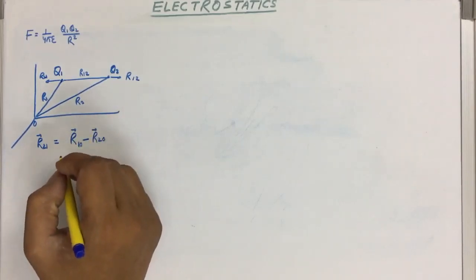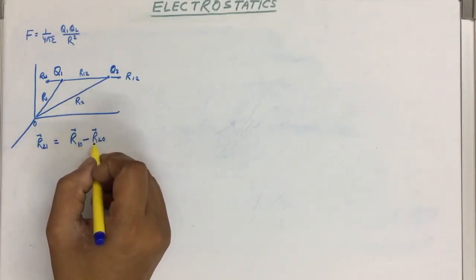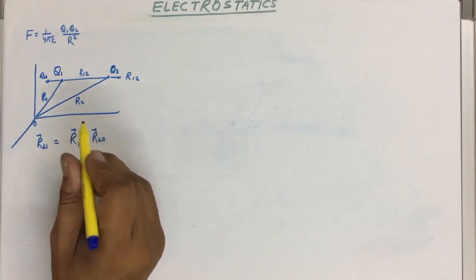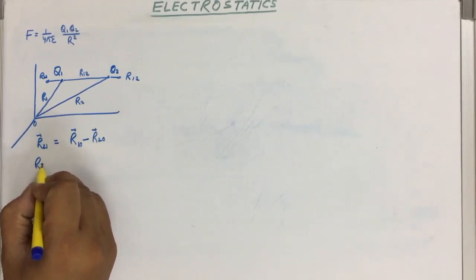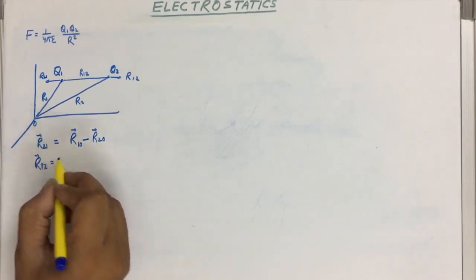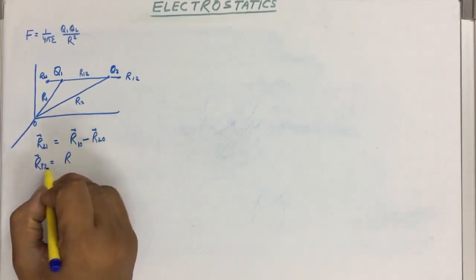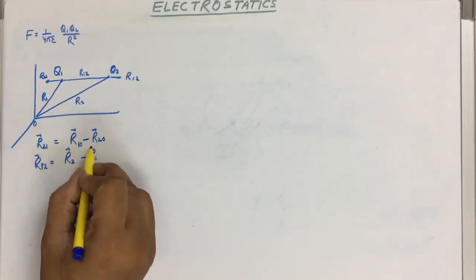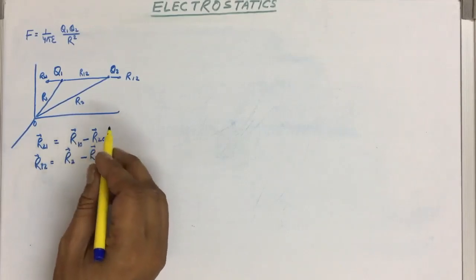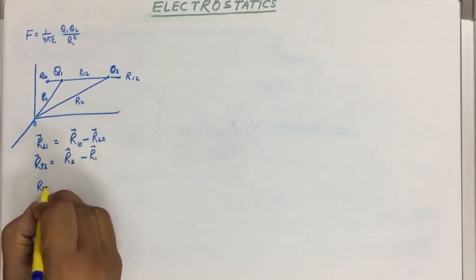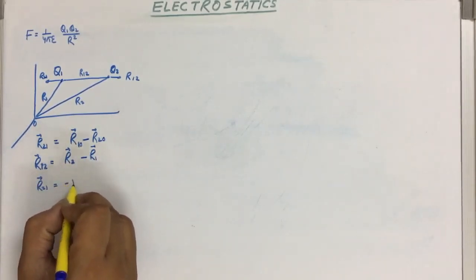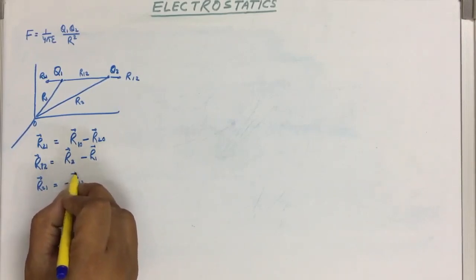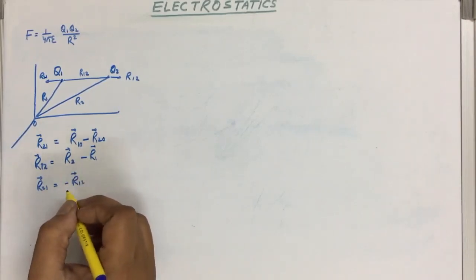So R21 can be written as R1 minus R2. Similarly, R12 can be written as final minus initial. If we correlate these two, then we can find that R21 is equal to the negative of R12.